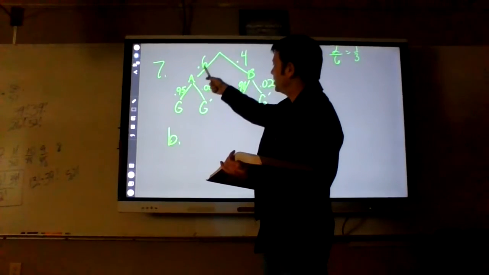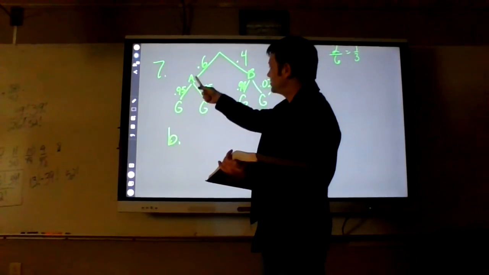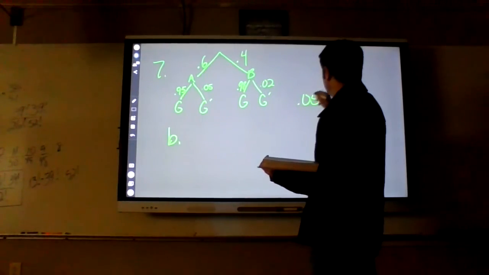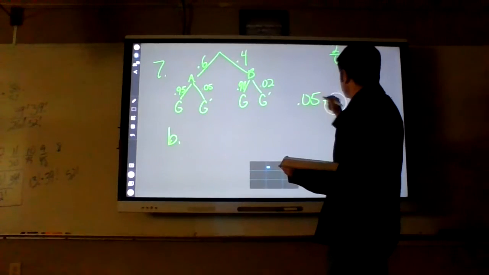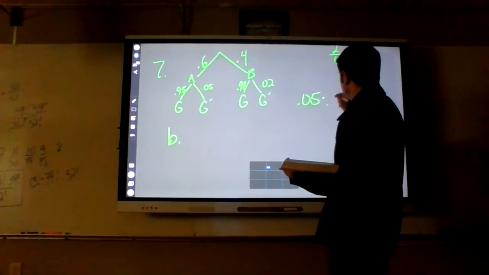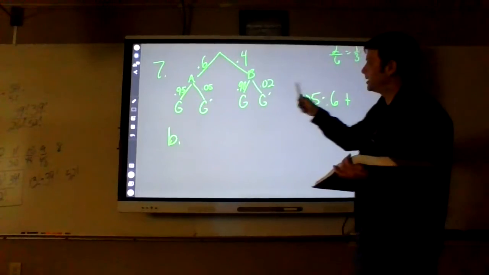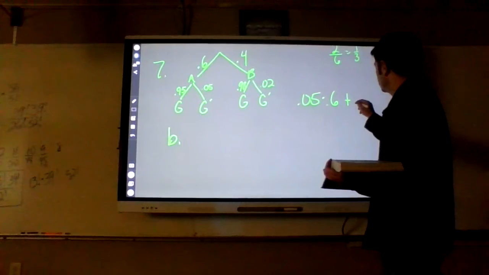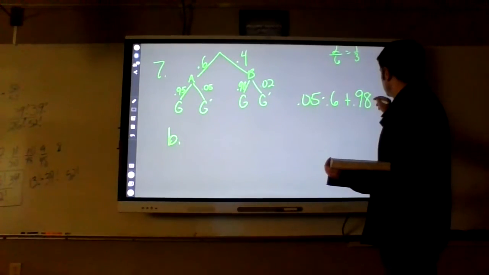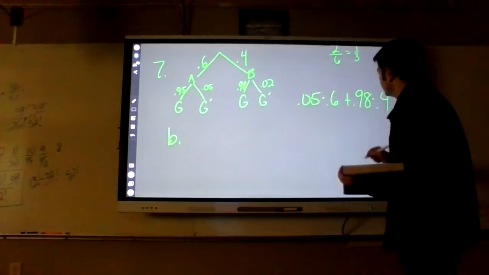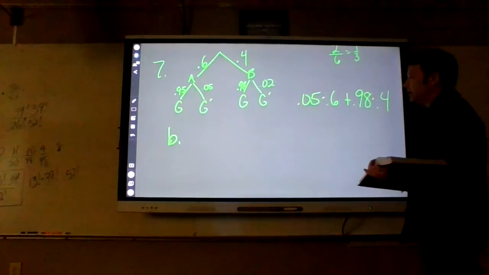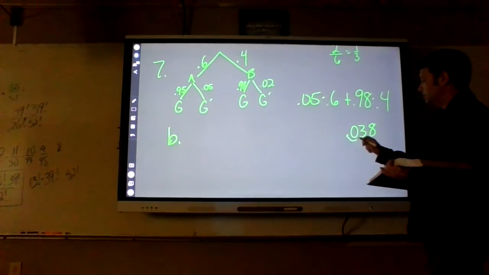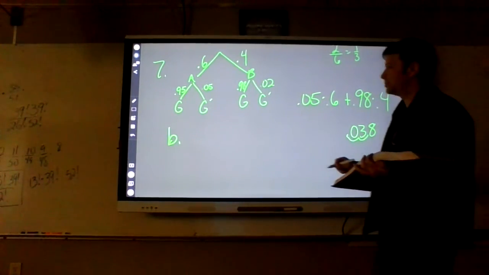So it could happen out of machine A, 5% of 60%, or it could happen out of machine B, 2% of the 40%. I got 0.038. What's 0.038 as a percent? 3.8%, almost 4%.